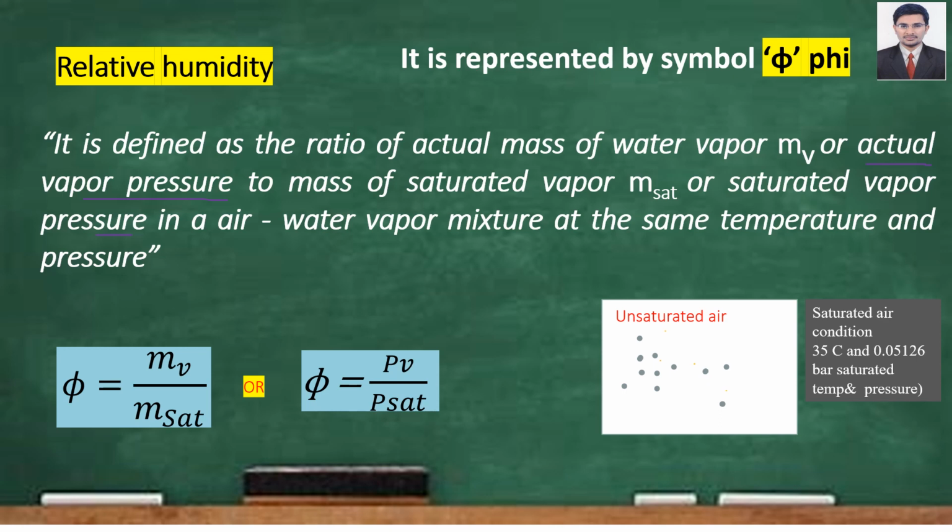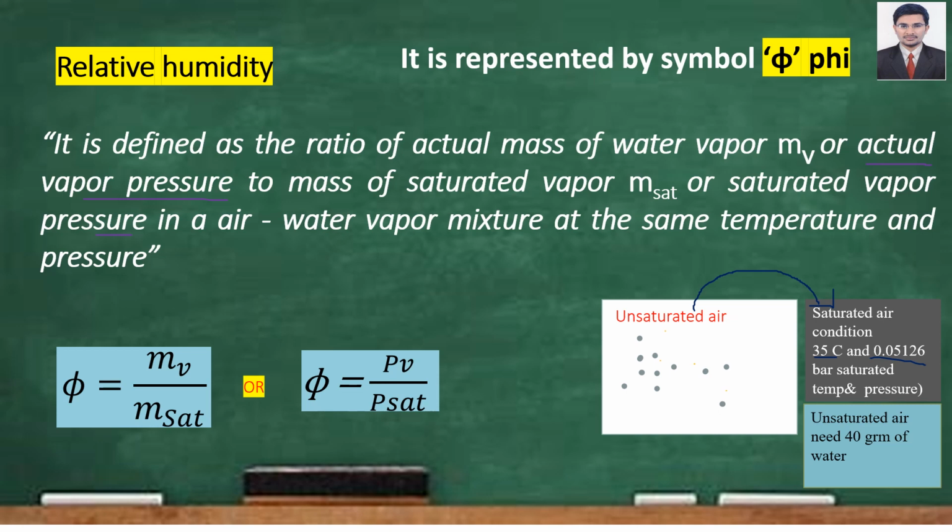And dear student, these temperature and pressure values I have taken only for understanding the concept clearly. They are not standard values. So to convert unsaturated air to saturated air, we have to supply some amount of water.